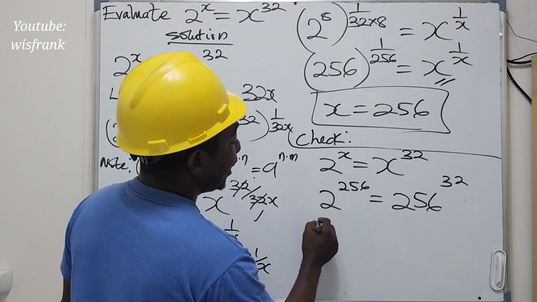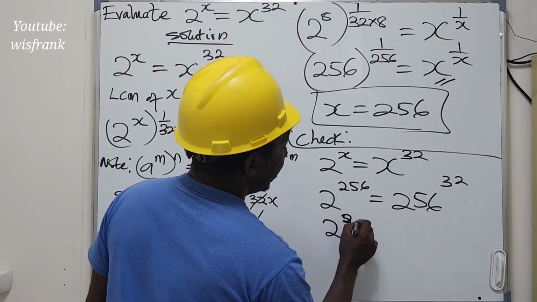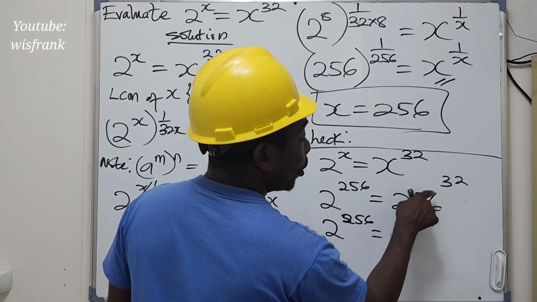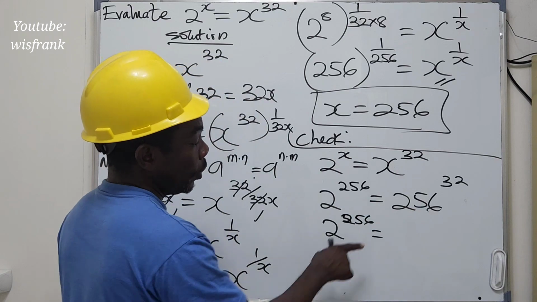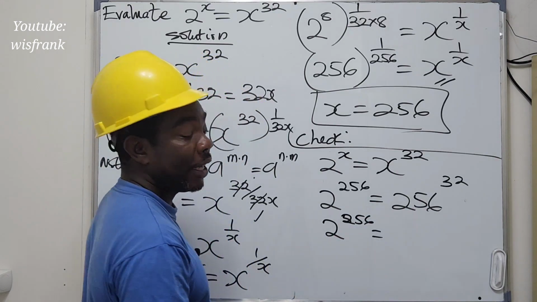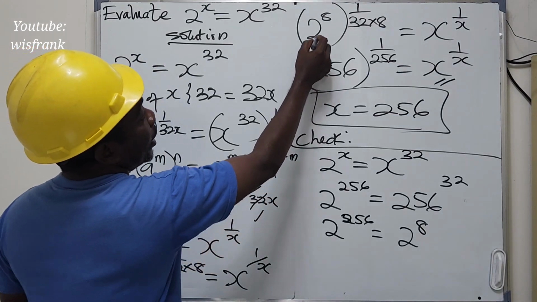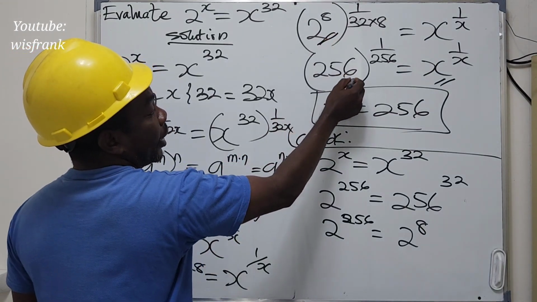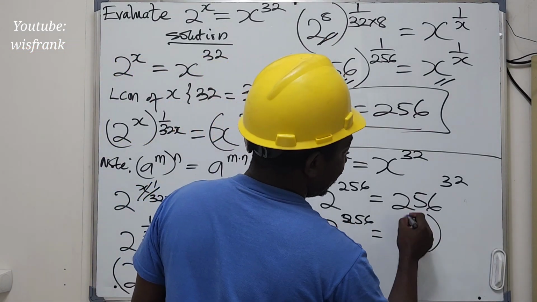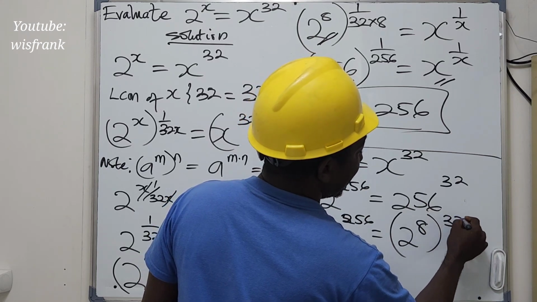We can see that we have this as 2 to the power of 256. Will it equal this? Let's check this. 256 is the same thing as 2 to the power of 8, because this is what we said, 2 to the power of 8 equals 256. So this is the same thing as all to the power of 32.